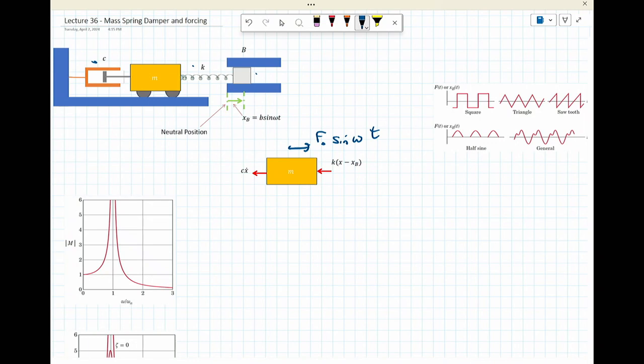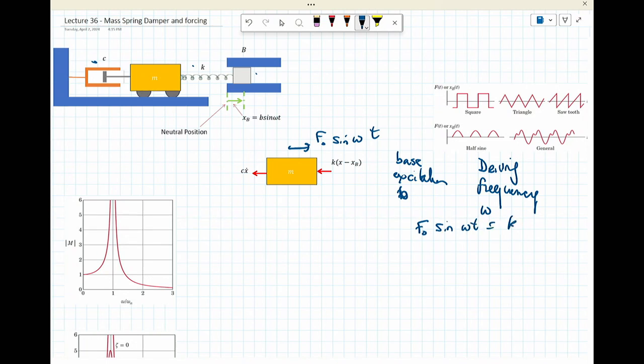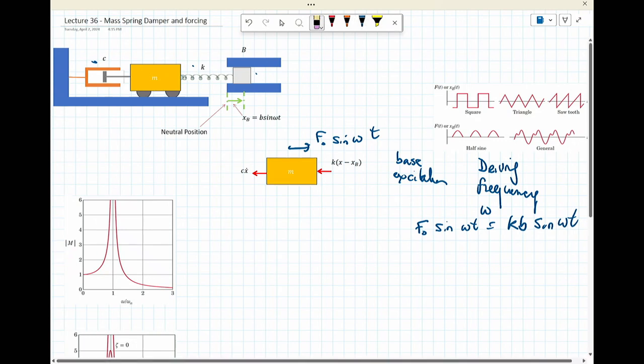So I have a base excitation, and that's my B. I have a driving frequency, and I'm going to refer to that as omega. So it's another omega in there, but in this term, F naught sine omega t is equal to kb sine omega t.